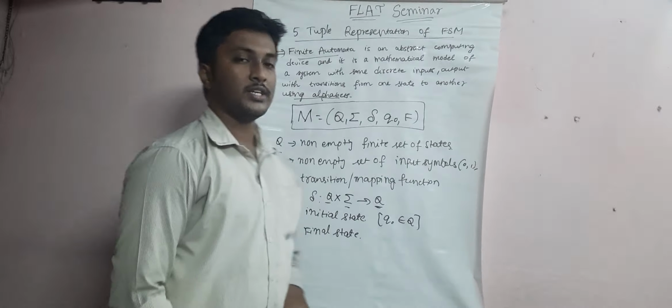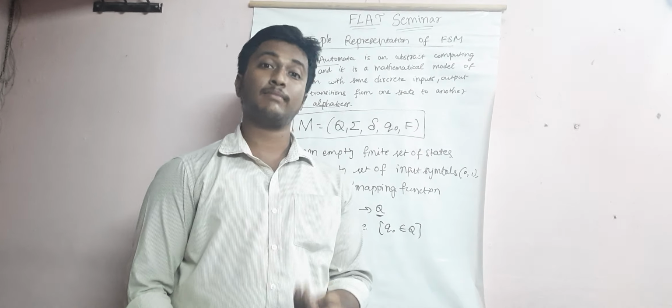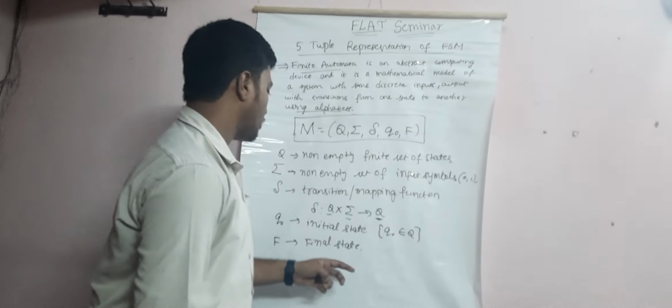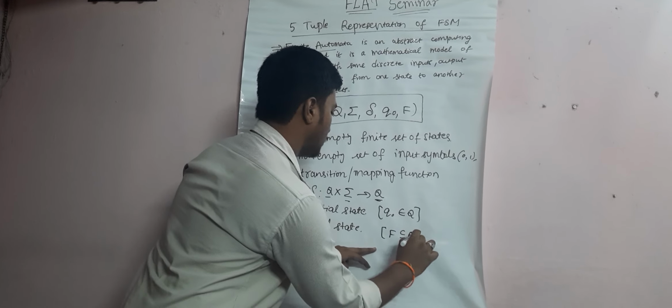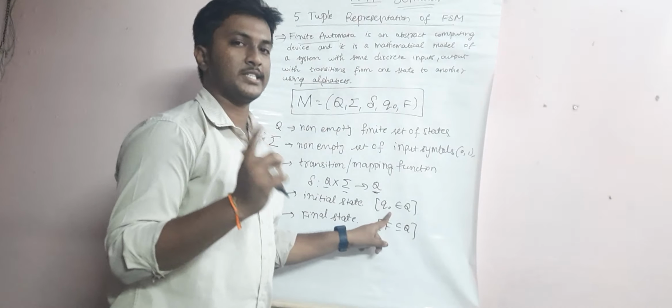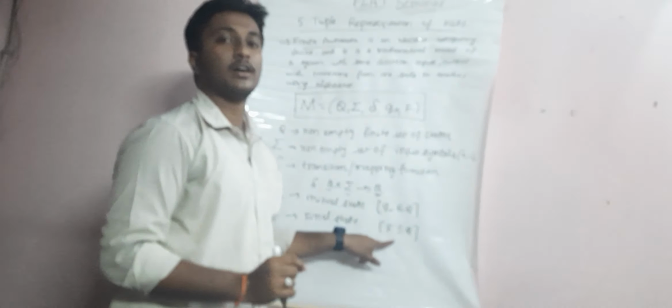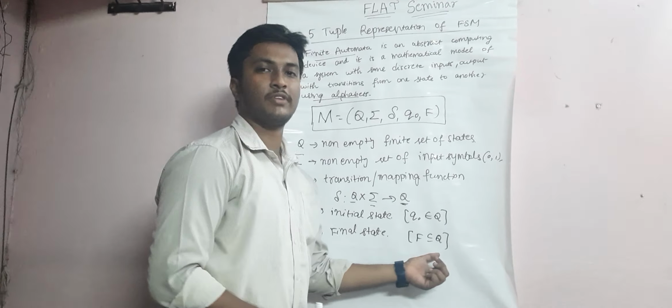It is important to note that there can be multiple final states also, so we can represent this as F is a subset of capital Q. Here there is only one initial state, but a finite state machine can have multiple final states.